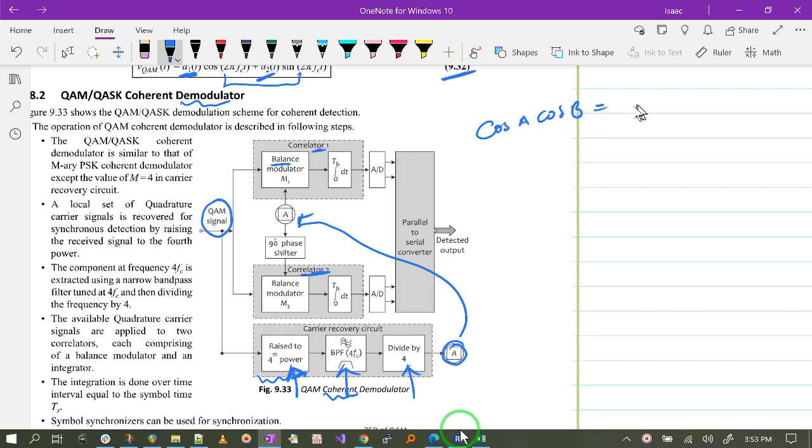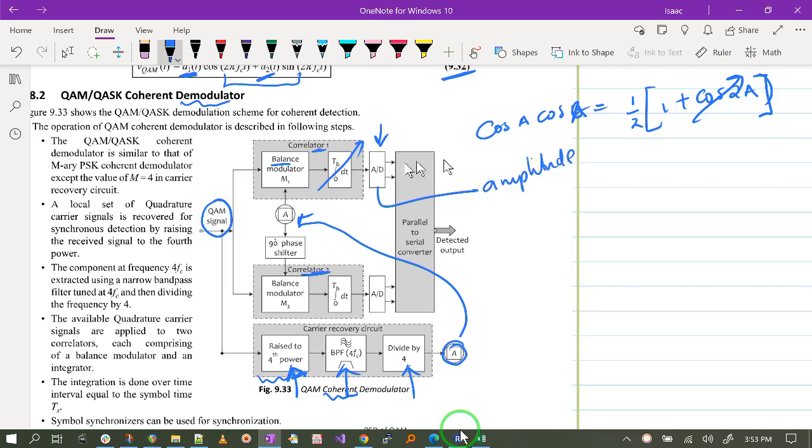Cos A cos B is equivalent to 1 over 2, or rather cos squared A equals 1 over 2, 1 plus cos 2A. For that reason, this becomes a high frequency component that is cut off by the integrator, and we are left with the signal that we can now convert using an analog to digital converter to get digital pulses, because remember that the signal was carried by the amplitude.